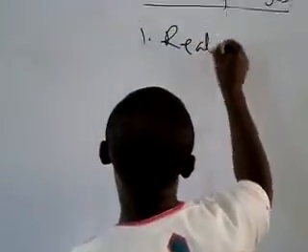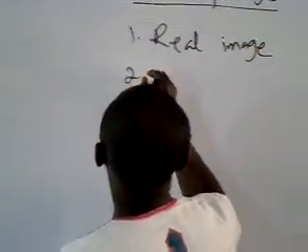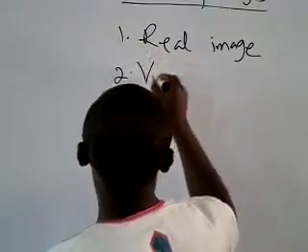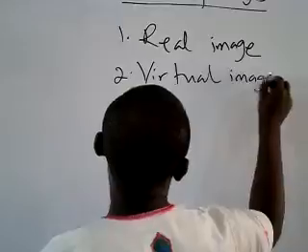So, before we deal with the formation of images, it is important to know that we have two types of images. One is a real image, and then the other one is known as a virtual image.